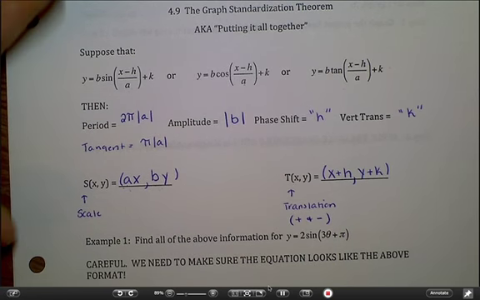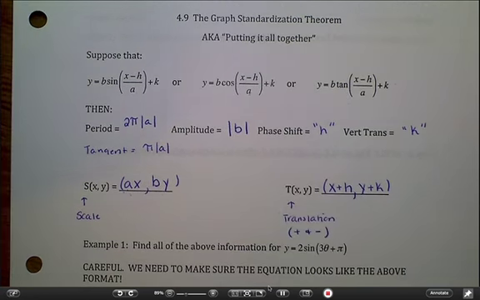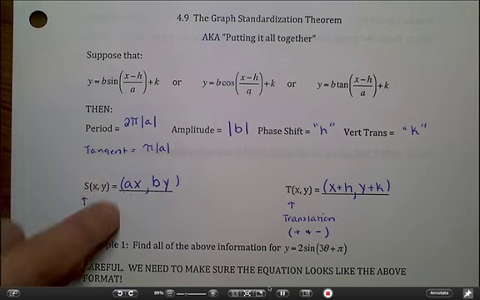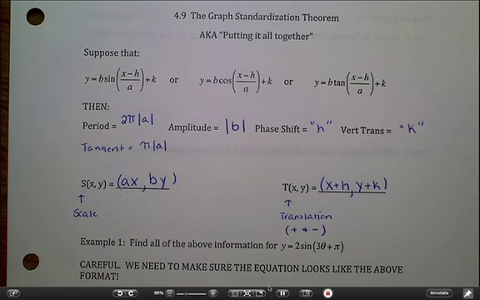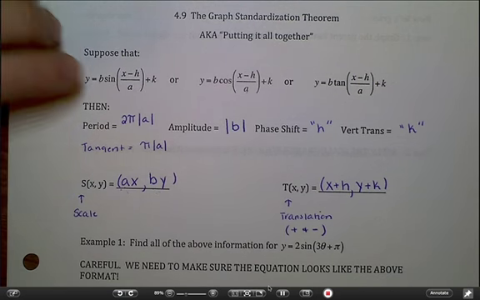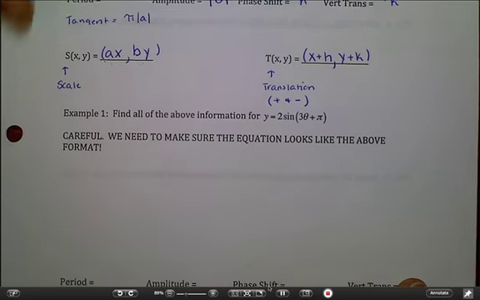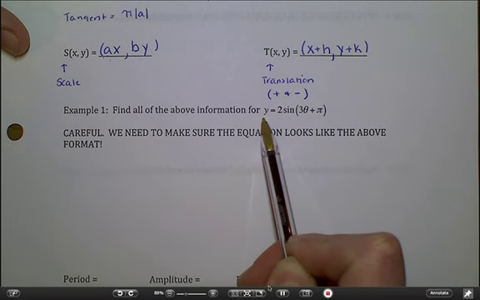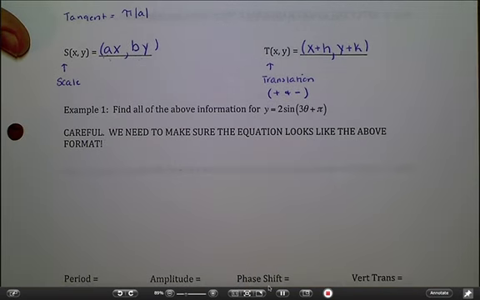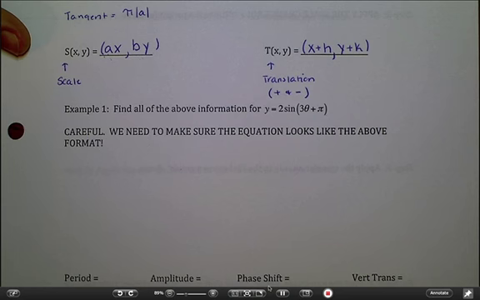Here's the thing though. In order for this all to work so nicely, to be able to take these things and just drop them in to the places we need them, you got to have the equation in this format. And sometimes it's written in that format, and sometimes it's not. So for example, if you look down here, at first glance, this equation probably seems okay, but it's not.